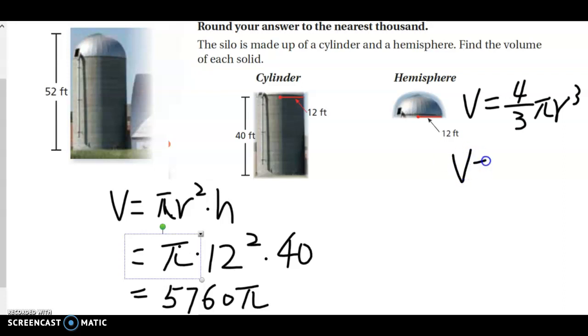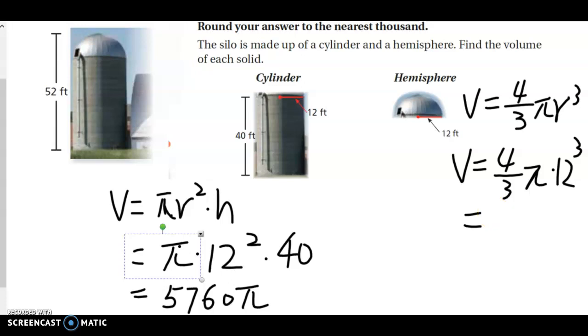So the sphere volume is 4/3 times pi times r, which is the same, 12 cubed. So that will be 12 to the power of 3 times 4/3.